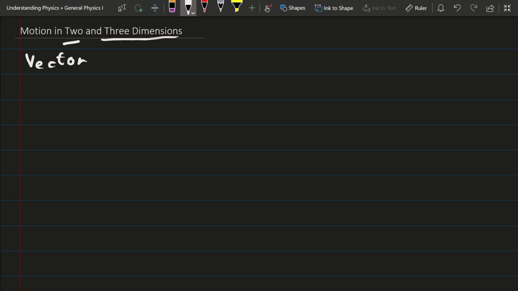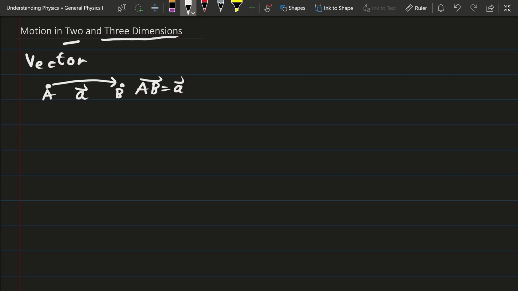A vector is a mathematical symbol which has a starting point and a finishing point. And this is what we call a vector, as it goes from point A to point B. Or sometimes we could write this as AB vector, or if you define this to be a vector like that, we could call it a vector like that.